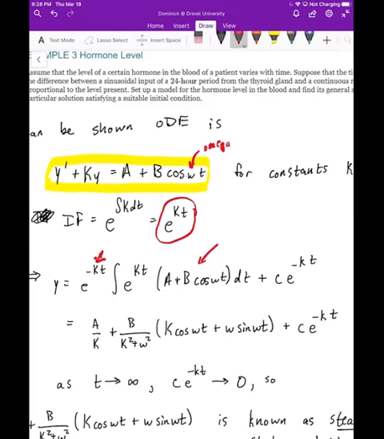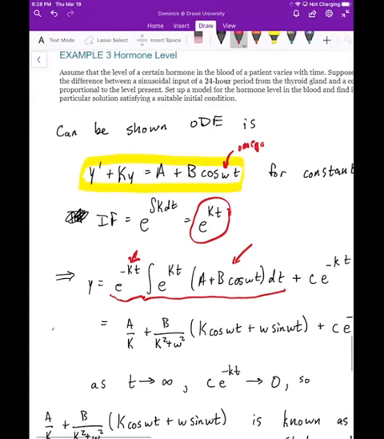But the idea is that eventually with some work, you can show that this integral term will give you a over k plus b over k squared plus omega squared times this cosine and sine junk, right? So this would be your general solution.